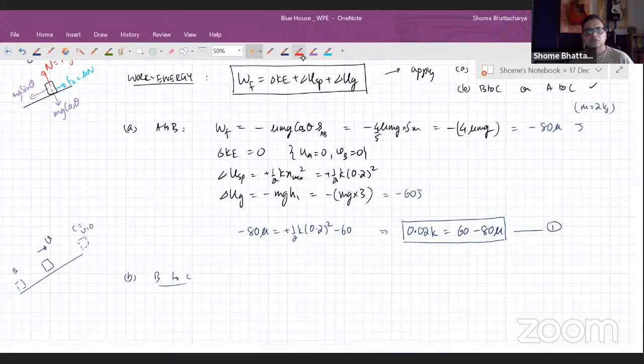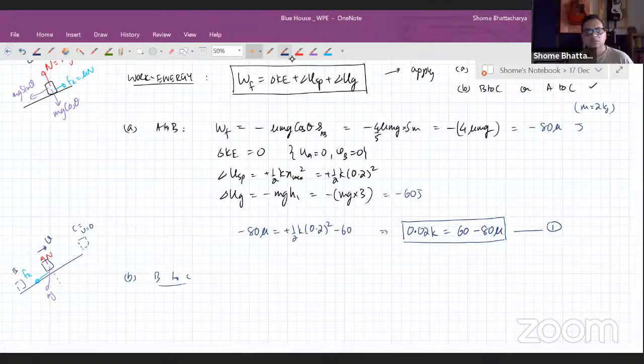During that time, friction will be acting down the inclined plane. Rest of the things are same. And for some time, the spring force is pushing it like this and all that.